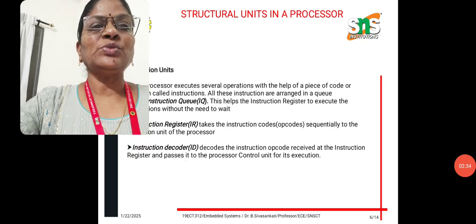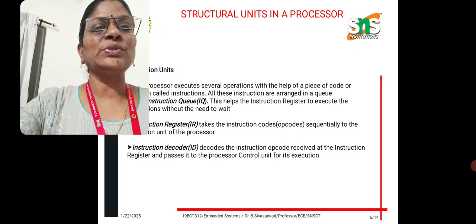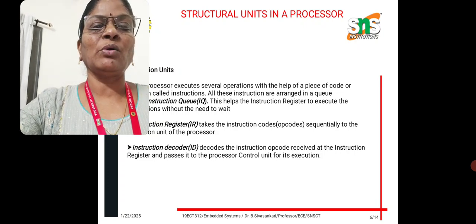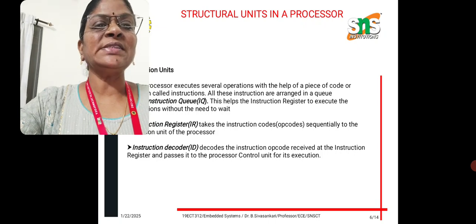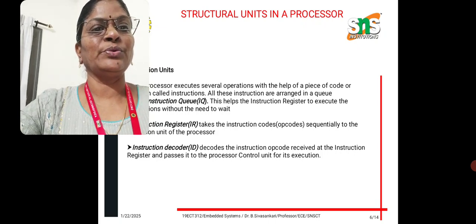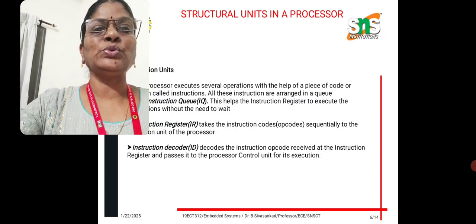And next one is instruction units. The processor executes several operations with the help of a piece of code or program called instructions. All these instructions are arranged in a queue, which is called the instruction queue. This helps the instruction register to execute the applications without any need to wait.